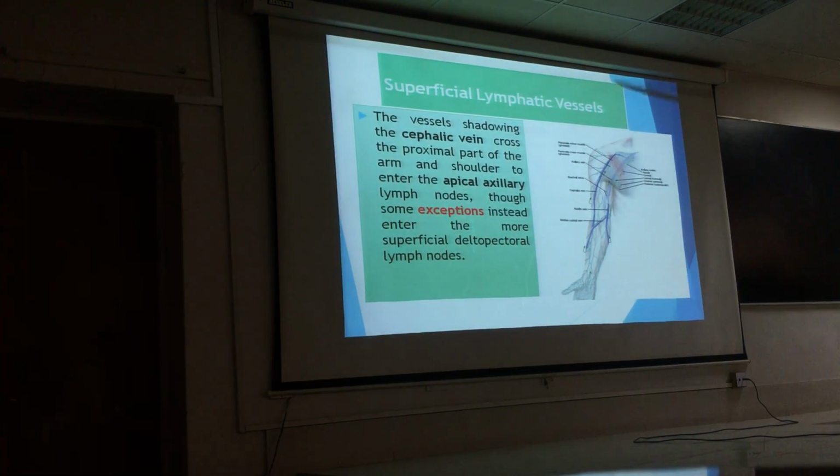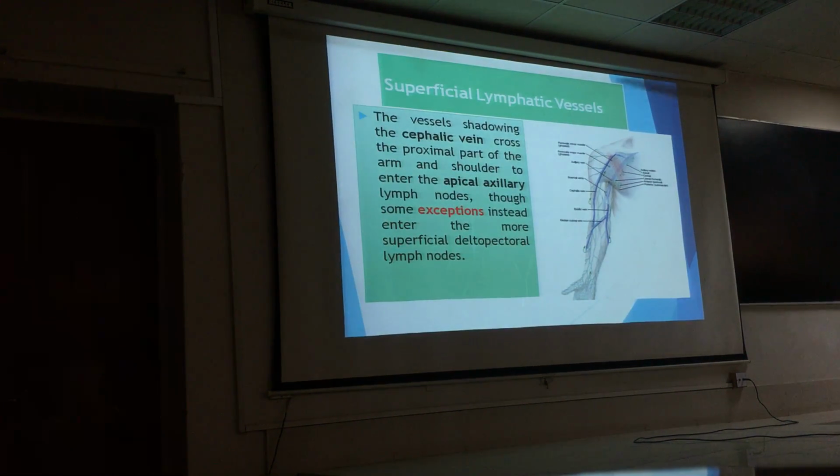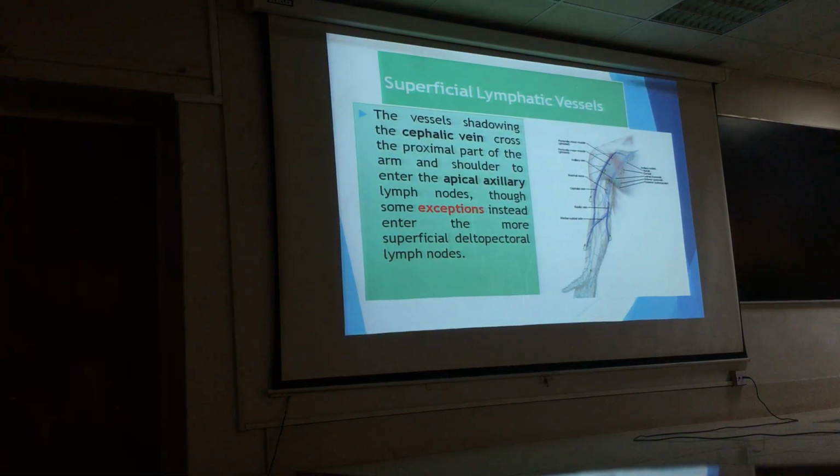So some of the lymphatics, instead of going to the apical group of the axillary lymph nodes, drain into the deltopectoral group of lymph nodes. So on the basilic side, they go upward to the cubital fossa, drain into the cubital lymph nodes, and then ultimately drain into the lateral or the humeral group of the axillary lymph nodes.